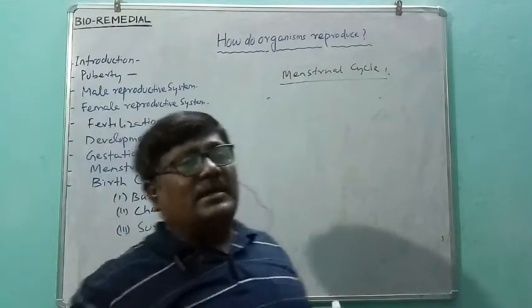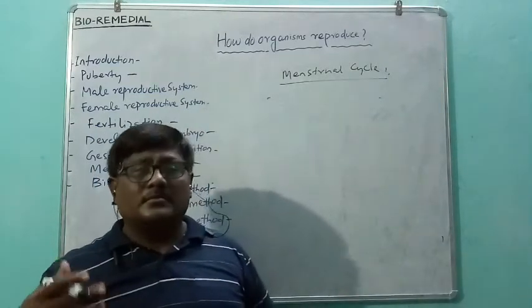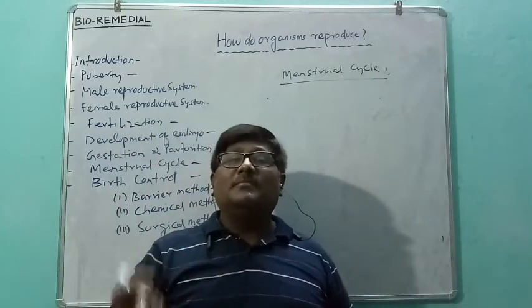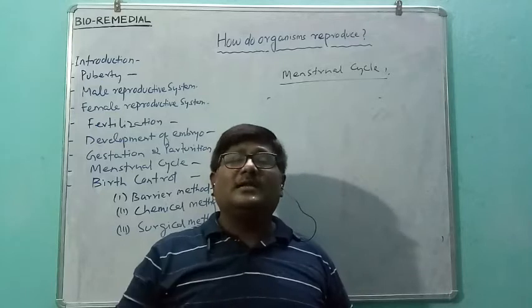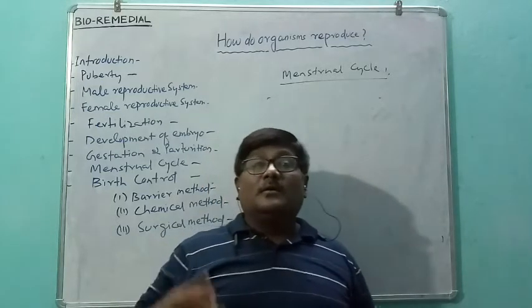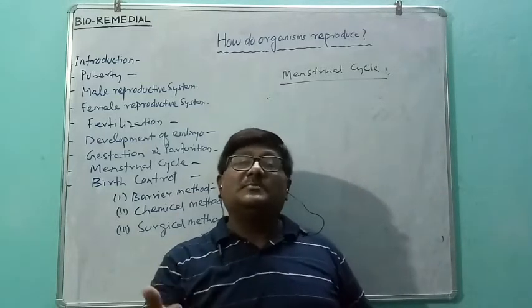Every month from the date of menarche, the ovary starts releasing one mature egg in the female. Then the uterus prepares itself to receive the embryo.